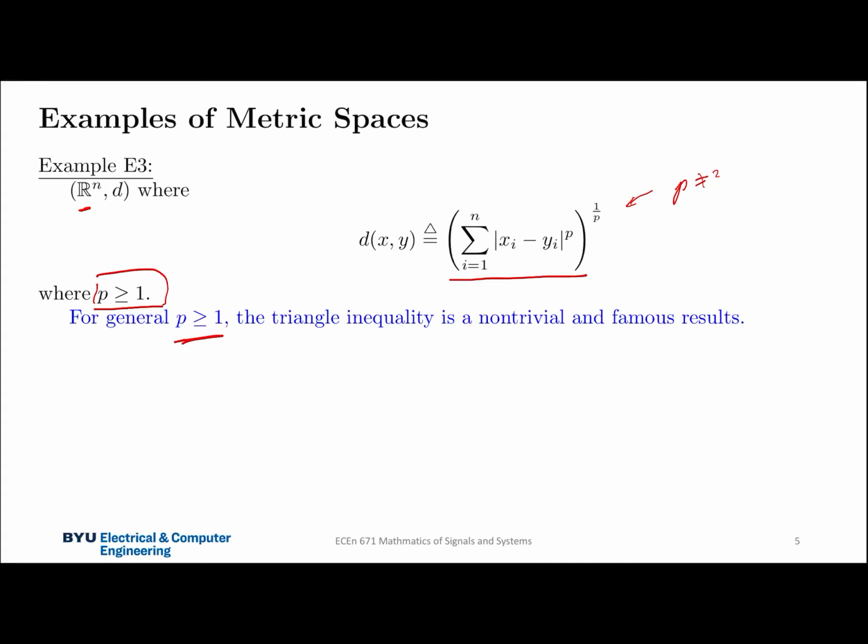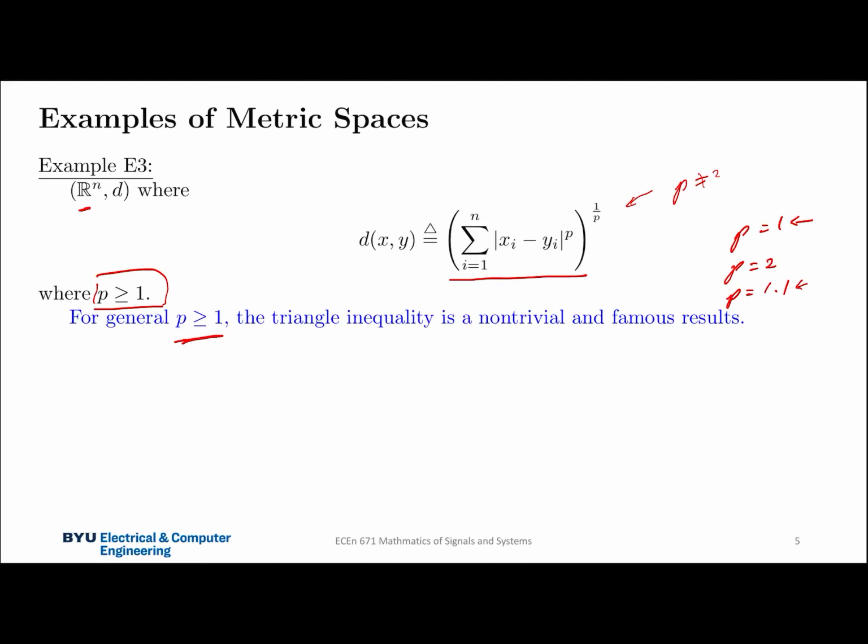So it's interesting because we can say, if P is equal to 1, this becomes simply the sum of the absolute values of all the elements, and this is a valid metric. If P is equal to 2, we get what we had before. If P is equal to 1.1, we get this interesting distance between objects.